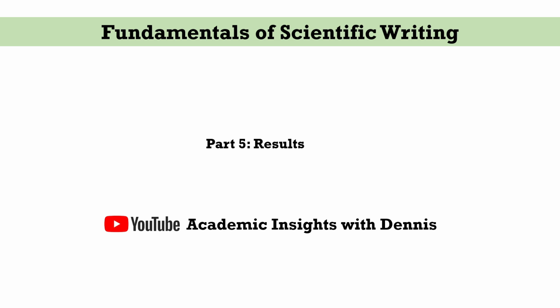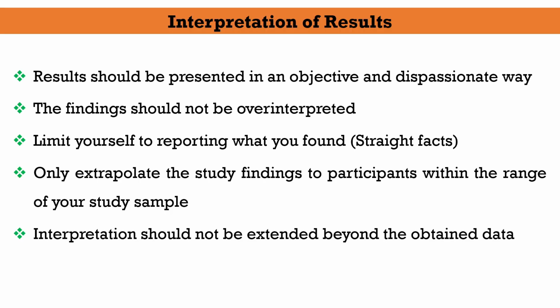So when we are interpreting our results, one thing that we should keep in mind is that we should not overinterpret our findings. We should report them as they are. Just report them as they are. And this means only facts about what we obtained should be reported.